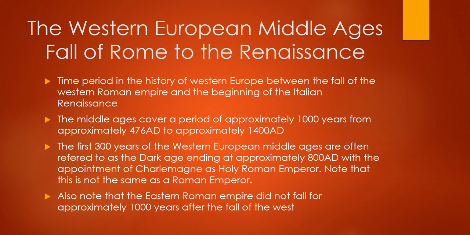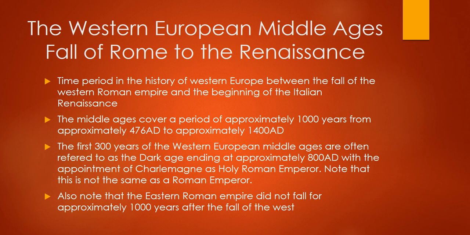Again, it becomes really important to distinguish the difference between the Roman Empire and the Holy Roman Empire. The Holy Roman Empire was established by Charlemagne and the popes after the fall of Rome. It is not a pagan culture. It is a culture based on Christianity, and it's definitely not the same thing as what we think of when we think of classical Rome.